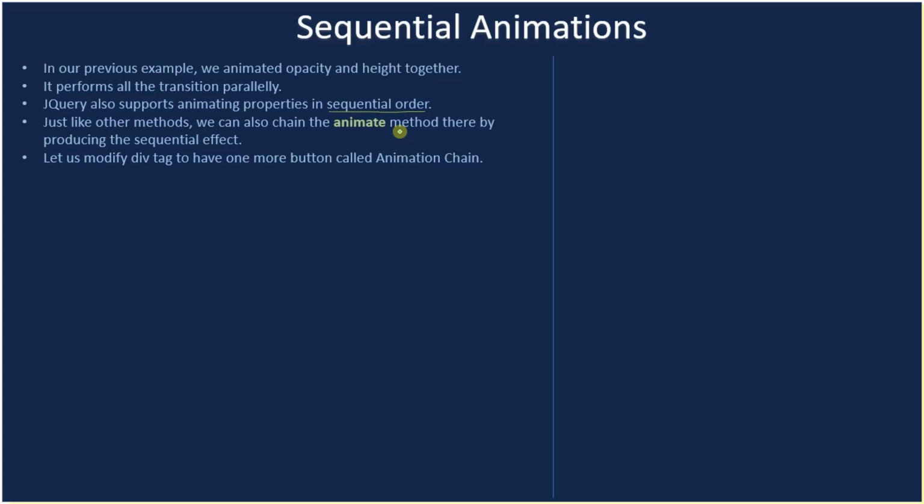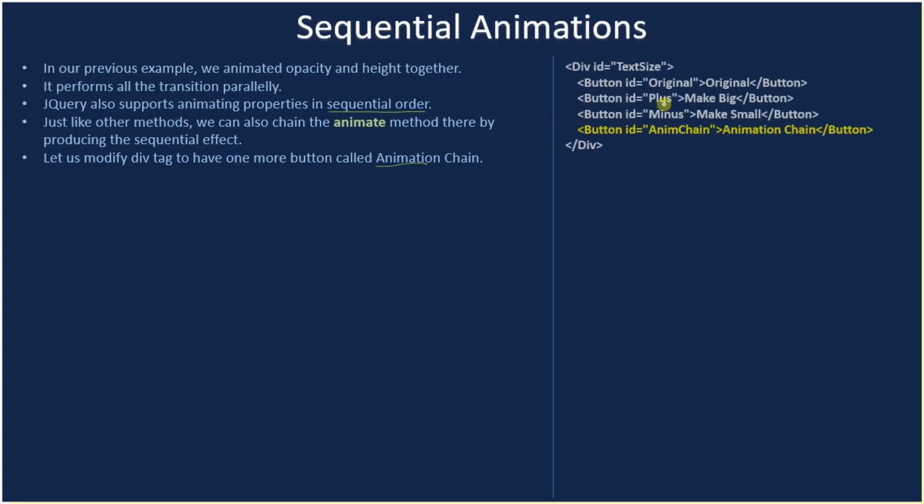Let us modify the div tag to have one more button called animation chain. If you see, this is the new button we are adding to our button group. In jQuery, we select the button group and apply a set of CSS styles.